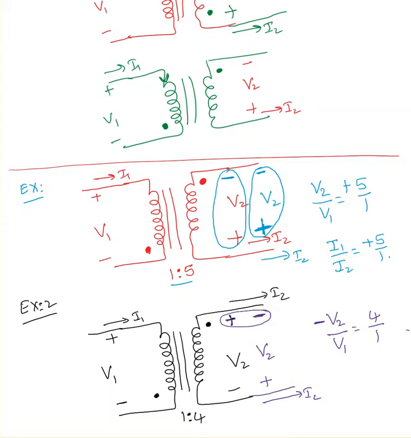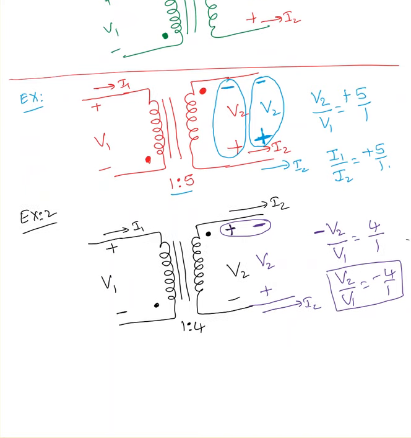So that's the reason I put the positive there. If I rearrange this, V2 over V1 equals negative 4/1. That is the transformer ratio. Again, I'm explaining one more time why I got this negative. He gave you this plus and minus V2 across this secondary coil.